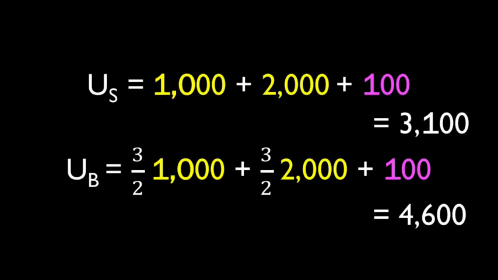So if you look back at seller's utility function, implicitly there's a 1 as a coefficient in front of the X. And here we see that 3/2 on the buyer side is bigger than the 1. So really you could have any coefficient in front of the buyers' and sellers' X's. What just needs to be true is that the coefficient on buyers' X needs to be bigger than the coefficient on sellers' X to reflect the fact that buyers get more utility out of cars than sellers do.